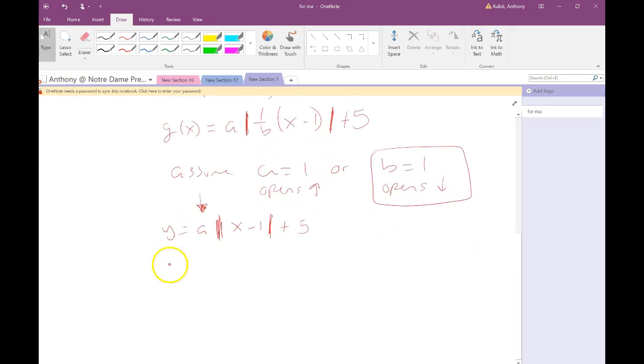So if I go back down here, I can plug those in for X and Y, and that'll give me an equation that I can solve. And I get that A is -2. Okay there, Rachel? Okay. So now that I have that, I can write my final answer.